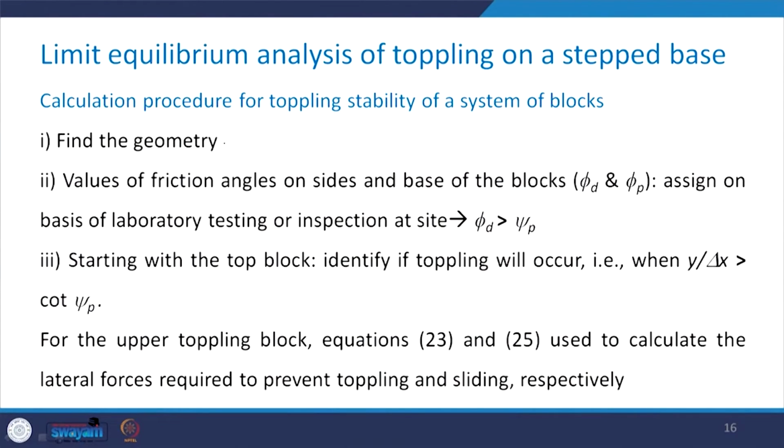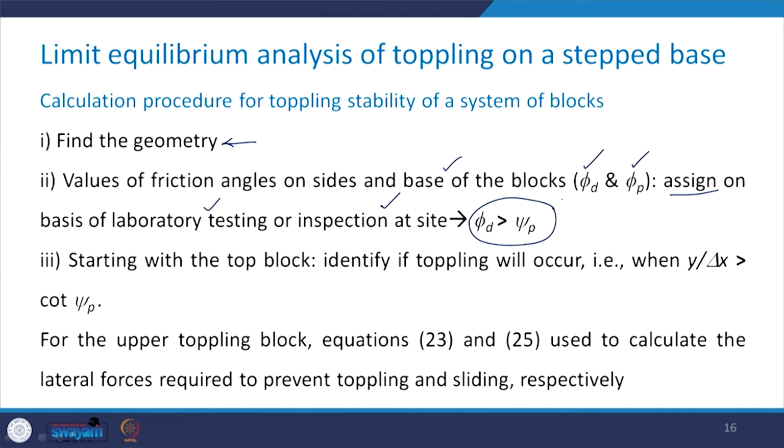The first step is you need to find the geometry of every block. Then the values of the friction angles on the sides and base of the blocks, phi d and phi p. We need to assign these on the basis of lab testing or inspection at site, and you need to keep in mind that this phi d will be greater than psi p.